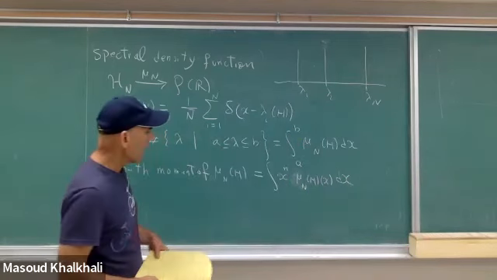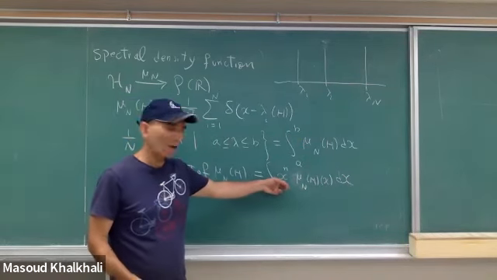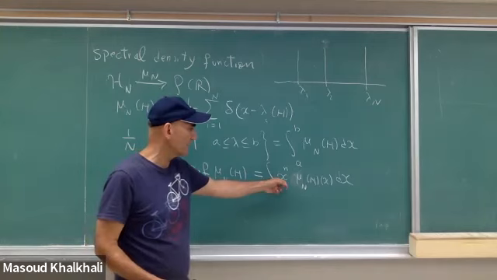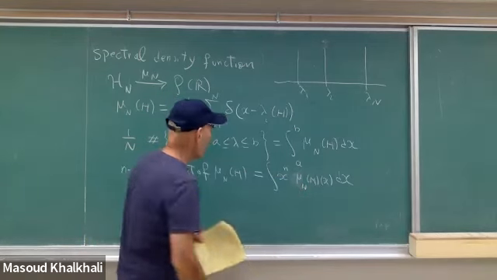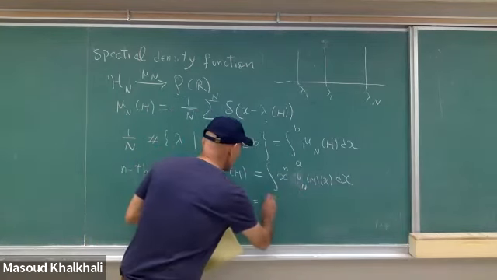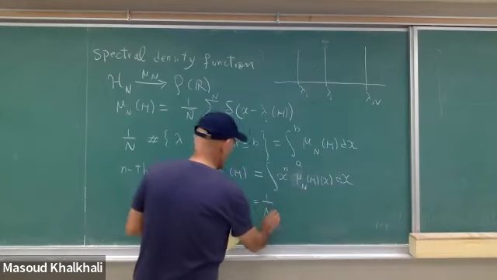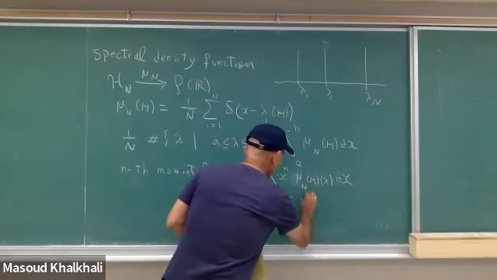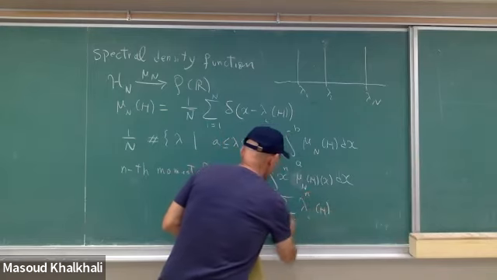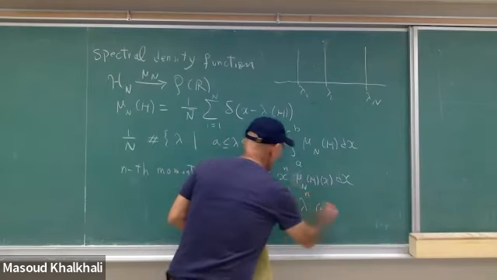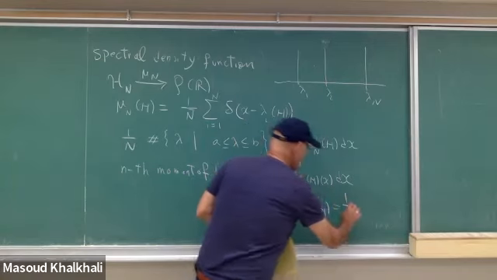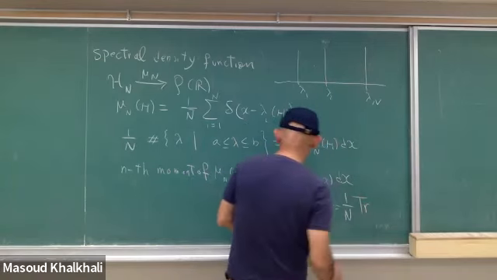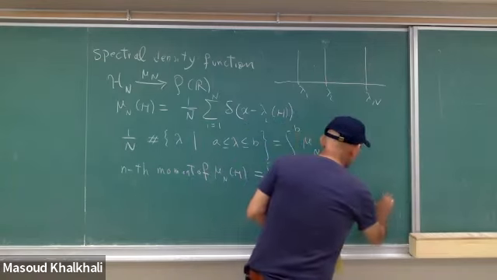Now, if you are integrating x^n against this measure, obviously this is going to be equal to 1 over n times the sum of lambda i to the power n of H, i from 1 to n, which is 1 over n times the trace of H to the power n.